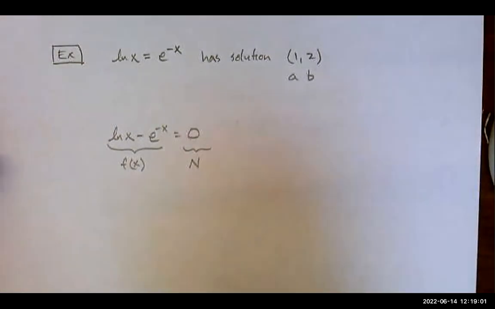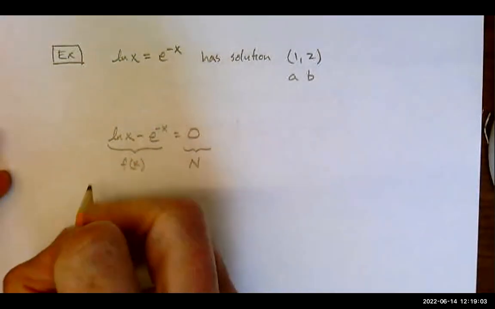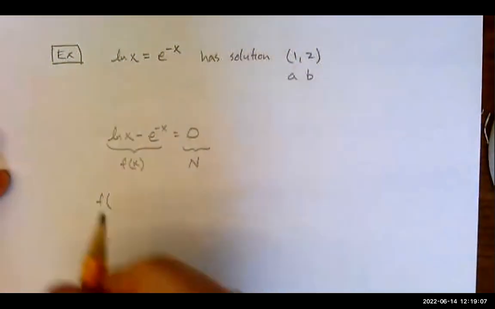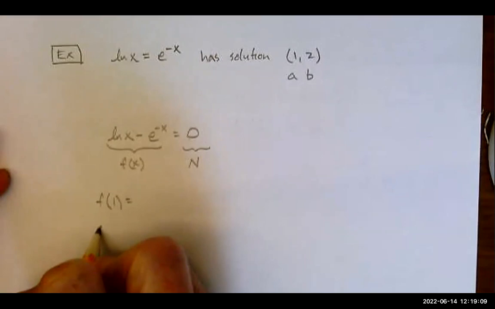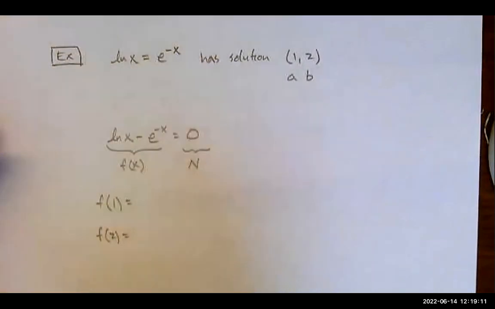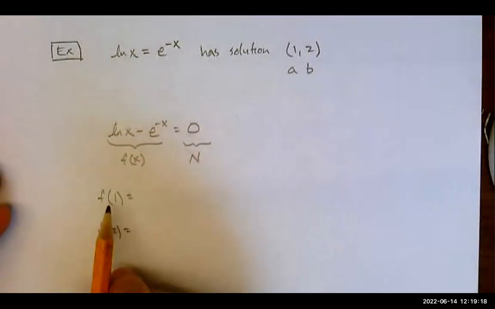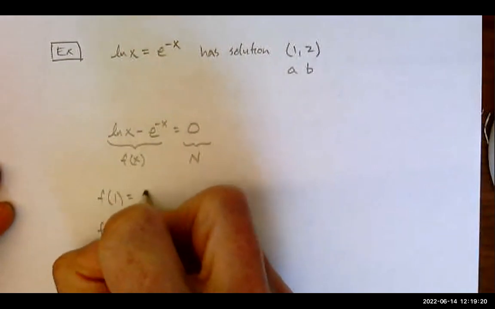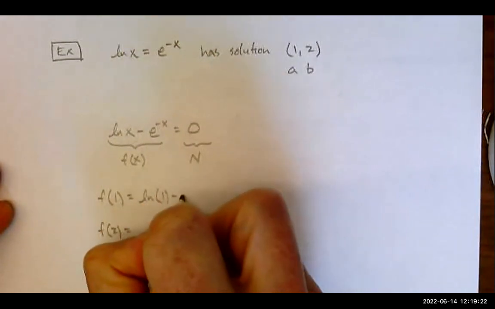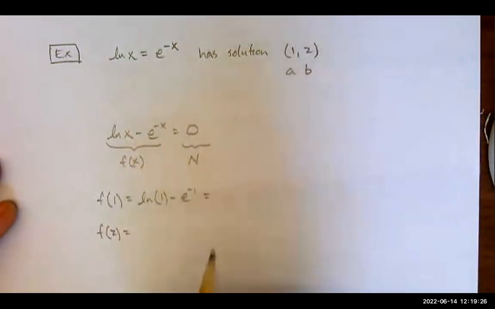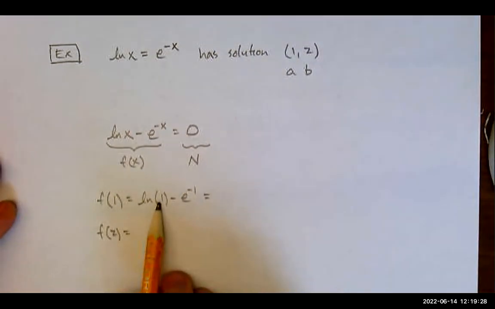Okay, check it out. We're going to take this function and evaluate it at both of our endpoints. We're going to find f of 1 and we're going to find f of 2. Let's see what happens here. f of 1, there's our function, right? So the natural log of 1 minus e to the negative 1. Turns out natural log of 1 is 0.